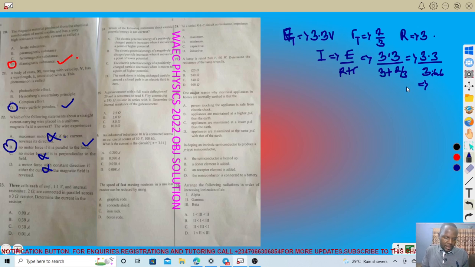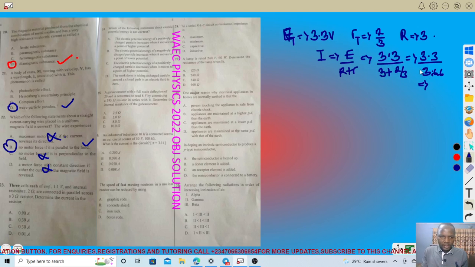Directly, I'm trying, my calculator has started acting up as usual. Okay. Yes, I think it's working now. So I'm having 3.3 divided by 3 plus this.